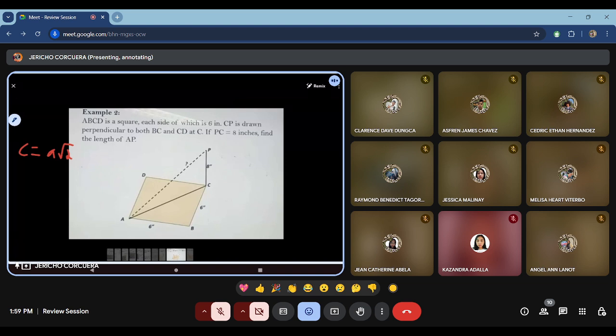So therefore, AC is equal to AB or BC square root of 2. So we will write down C is equal to AC. And since this is an isosceles triangle, we will have C is equal to 6 square root of 2 inches.